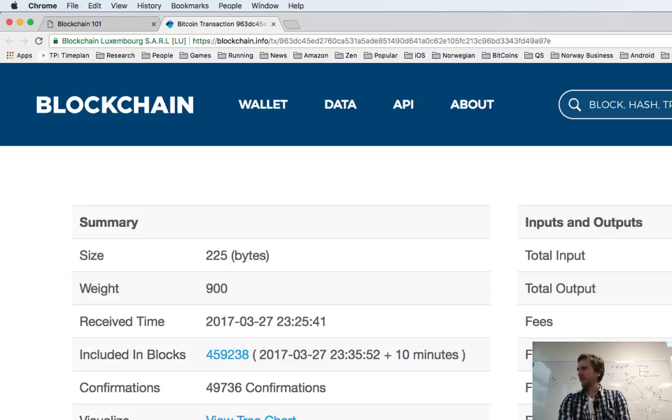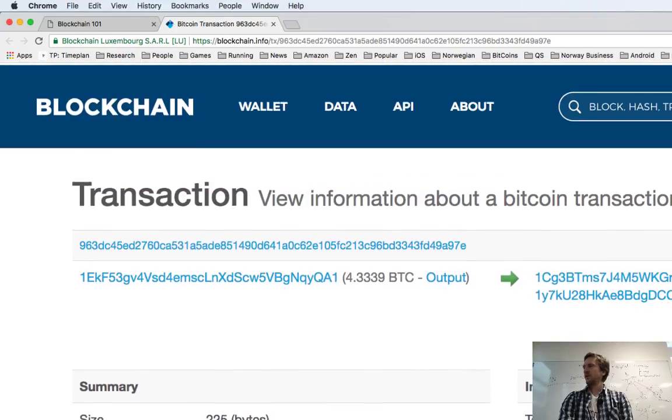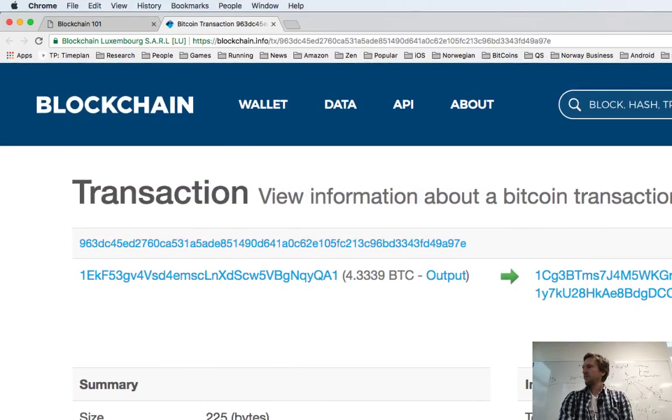So here we have the 0.08 fee being left over, and the total output is 4359, and then we have this 3.33 and this, which is 99.59, right?